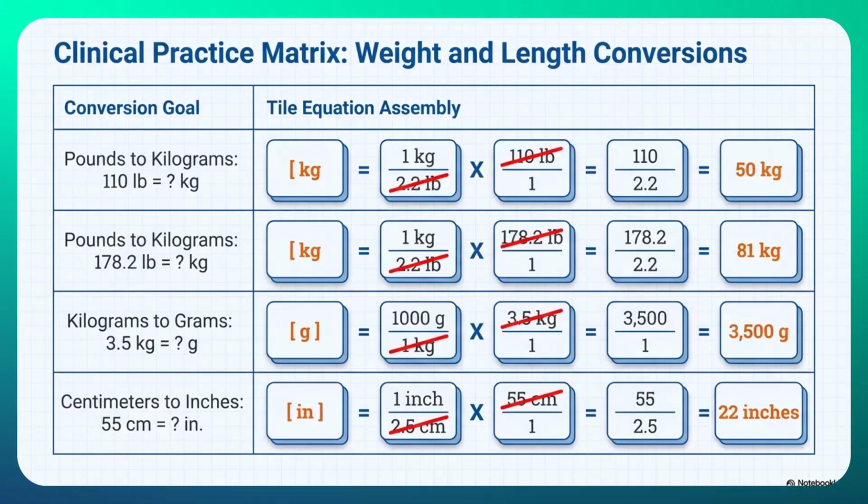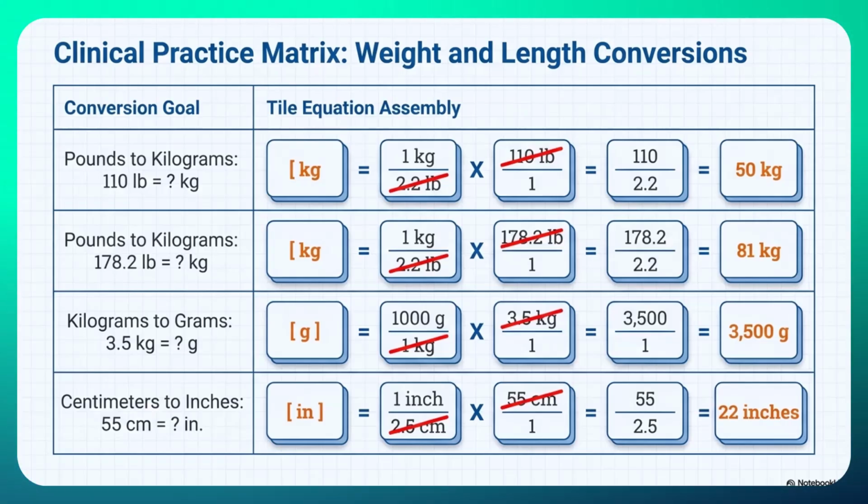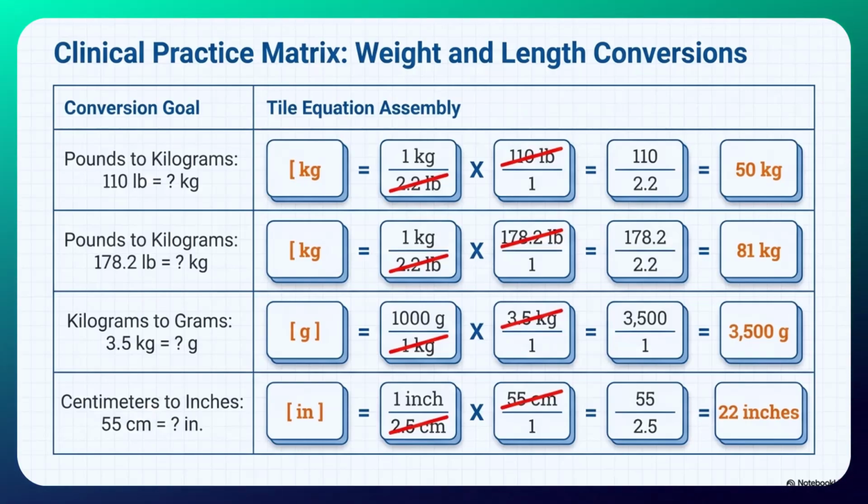And here are a few more examples of how we do these conversions. It just so happens in this example, all your conversion factors are occurring in the first fraction, but it's not always going to be that way, okay? All right, so if the question is convert pounds to kilograms, 110 pounds is how many kilograms? They're asking for kilograms, so kilograms is going to be, this is technically in the numerator position of the first fraction before the equal sign.